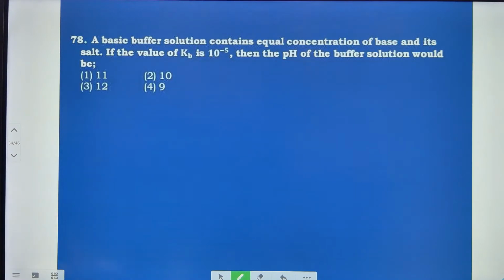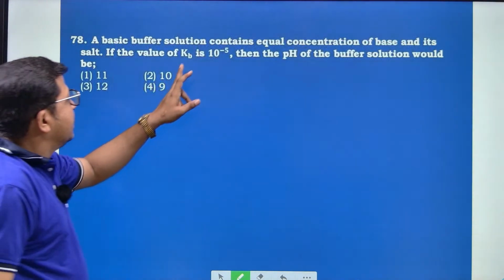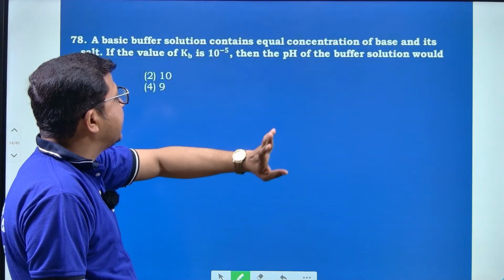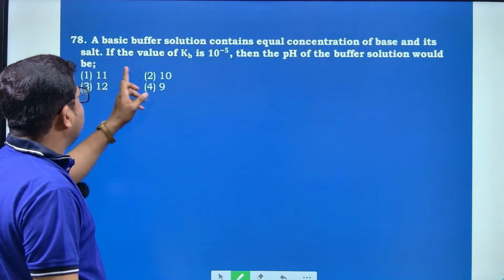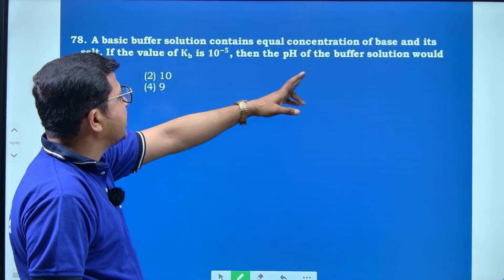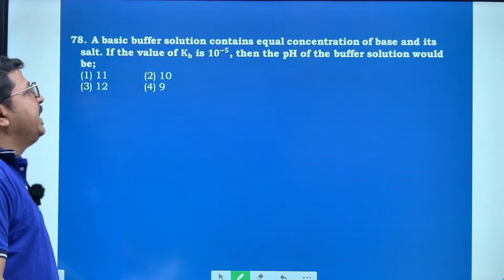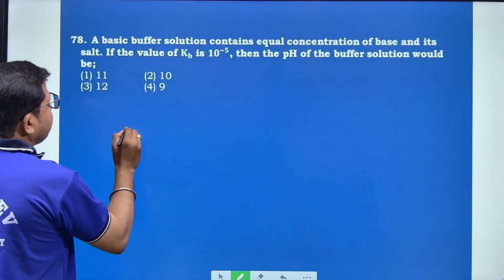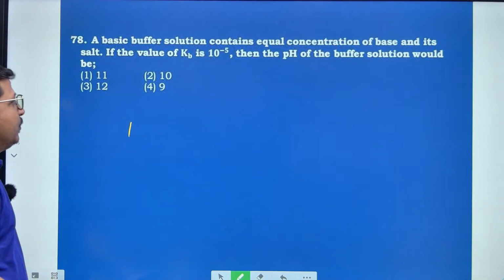And next, the basic buffer solution contains equal concentration of base and its salt. If the value of Kb is 10 to the power minus 5, then what would the pH of the buffer solution be, he has asked. See here, what we have to do?